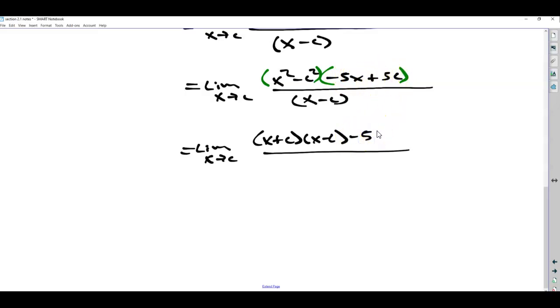So I'll have a -5. And if I do that, I'll have a positive x left over and a minus c left over. Notice what happens. The minus c's all reduce out. Now notice this is a subtraction, so this side and this side have to have a common factor to reduce out.